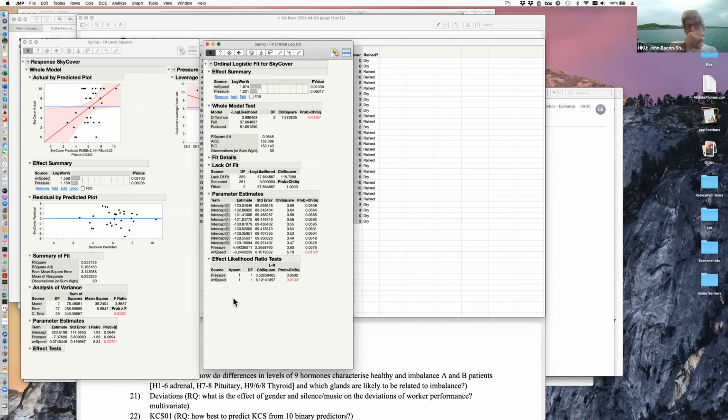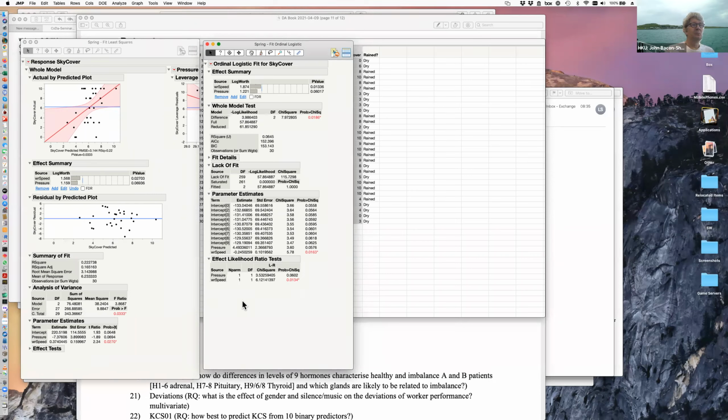It's telling us as the pressure goes up, we expect the sky cover to be less. And as the wind speed goes down, we expect the cover to be less. So we have to be careful that it's actually written the other way around here.